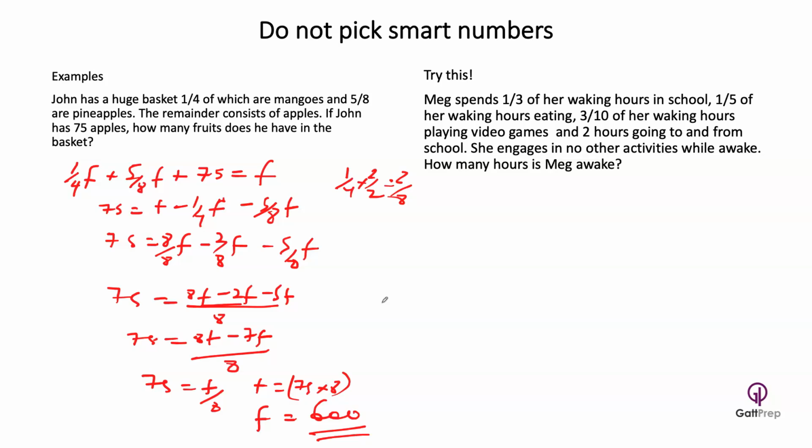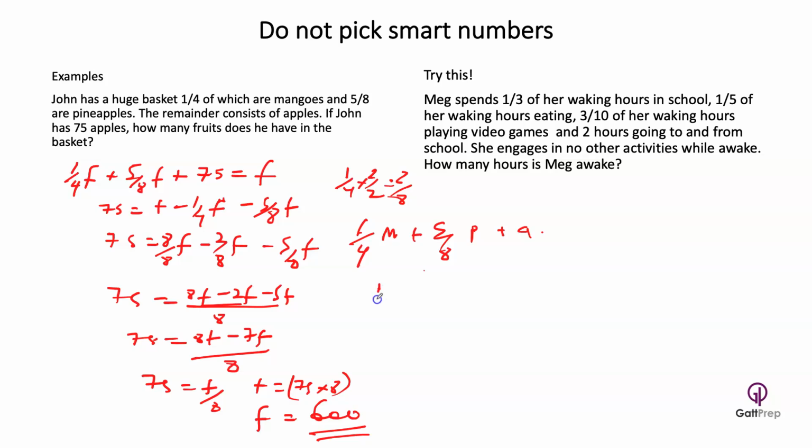There's another way you can look at this. Here we can say we have 1 over 4 mangoes, and then we have 5 over 8 pineapples, and then we have apples. What we could do is add these two, mangoes and pineapples.